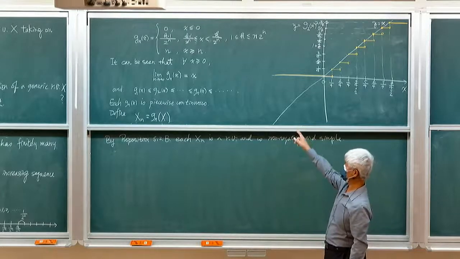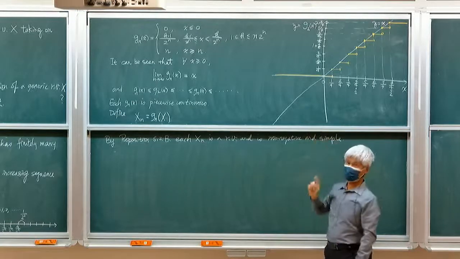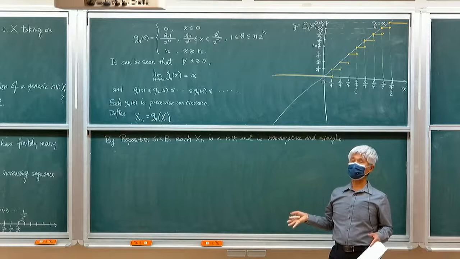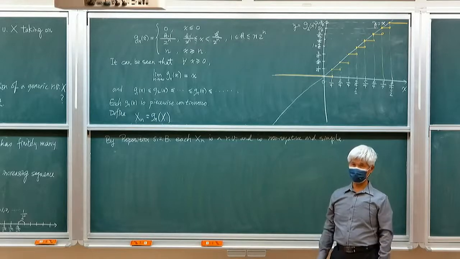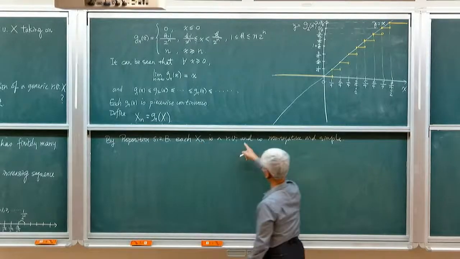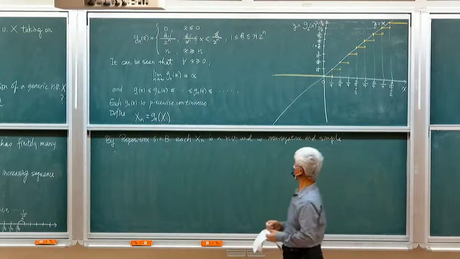Because the possible values are n times 2 to the nth power plus 1, so we have only finitely many possible values. Okay, so each Xn is a discrete, simple, non-negative random variable.